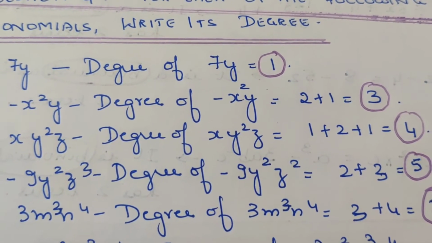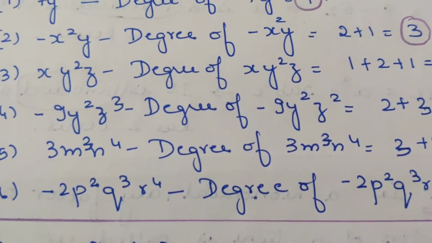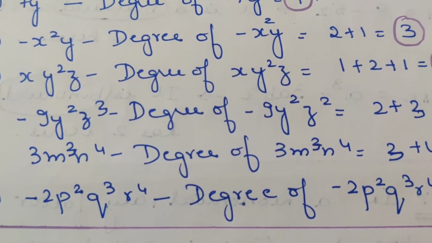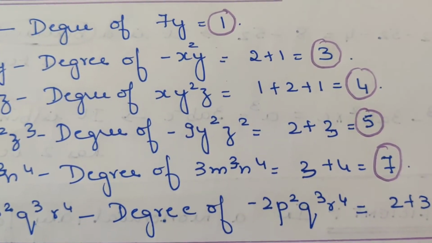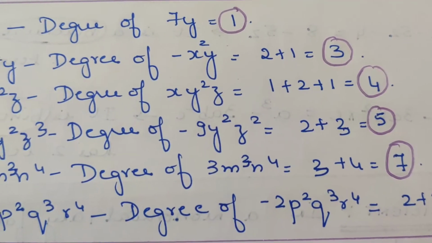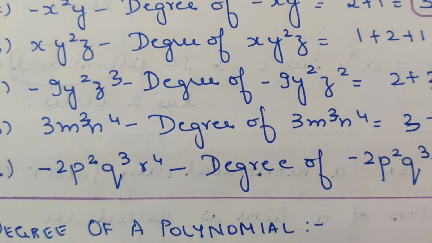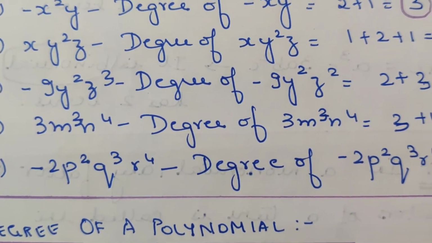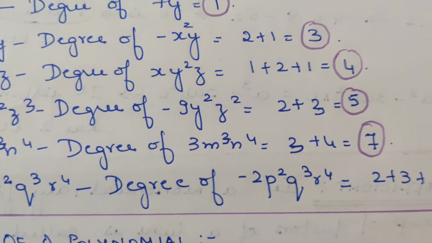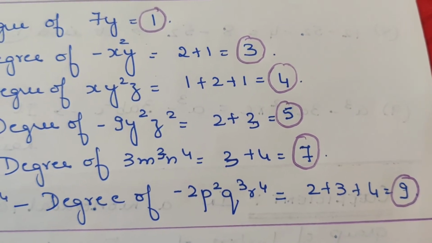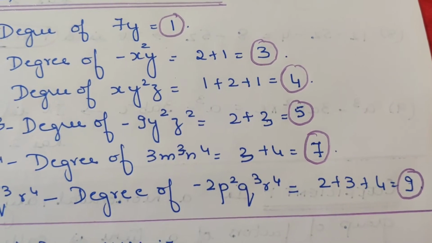I have mistakenly written z square, that is z cube. 3m cube n to the power of 4. Degree of 3m cube n to the power of 4 is 3 plus 4, that is equal to 7. Next one, minus 2p square q cube r to the power of 4. Degree of minus 2p square q cube r to the power of 4 is equal to 2 plus 3 plus 4, that is equal to 9. Hope it is clear.